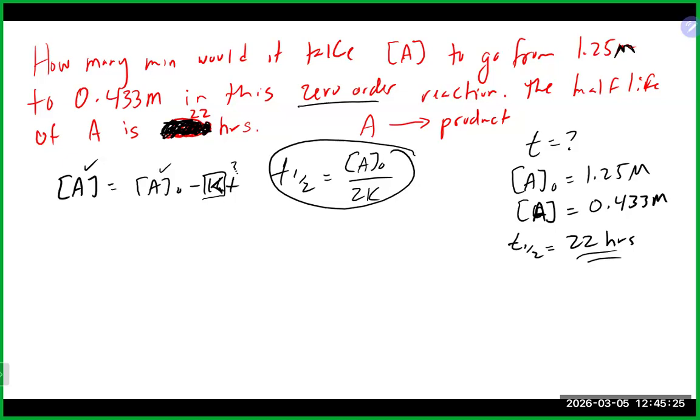Now, it is really your call, but I personally, since I know I want my time to be in minutes, I'm just going to convert the hours to minutes up front, so everything will be in the right unit. You don't necessarily have to do the conversion at the end, so you might get slightly different numbers if you didn't convert it up front. But in the end, it should ideally come to the same thing.